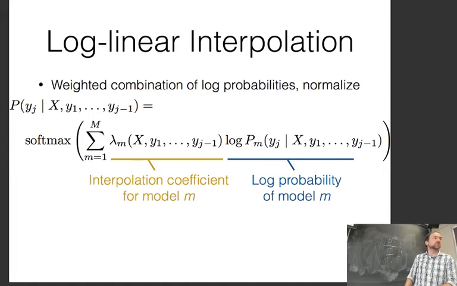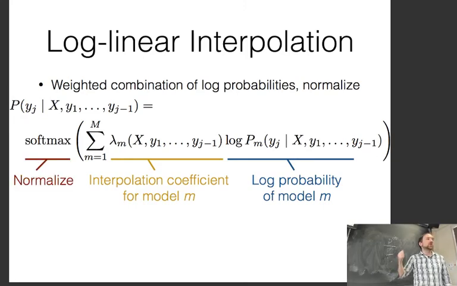So this looks very, very similar to what I just showed you before, except the right side is a log probability, and the left side is now not a probability. It's just an interpolation coefficient, which means they don't need to add up to 1 here. The other thing is now we're putting a softmax outside here. And the reason why we need to put a softmax is because it's not necessarily the case that these will be well-formed log probabilities that sum to 1.